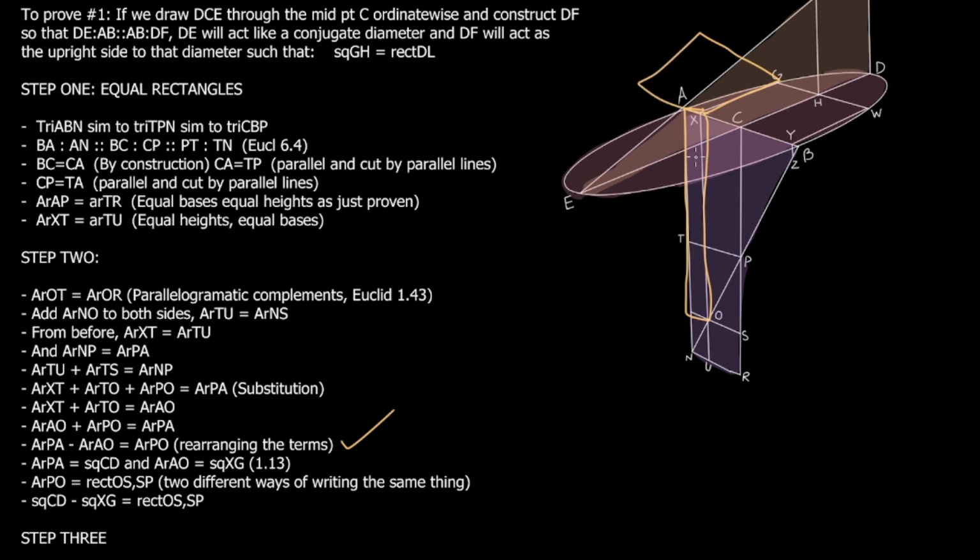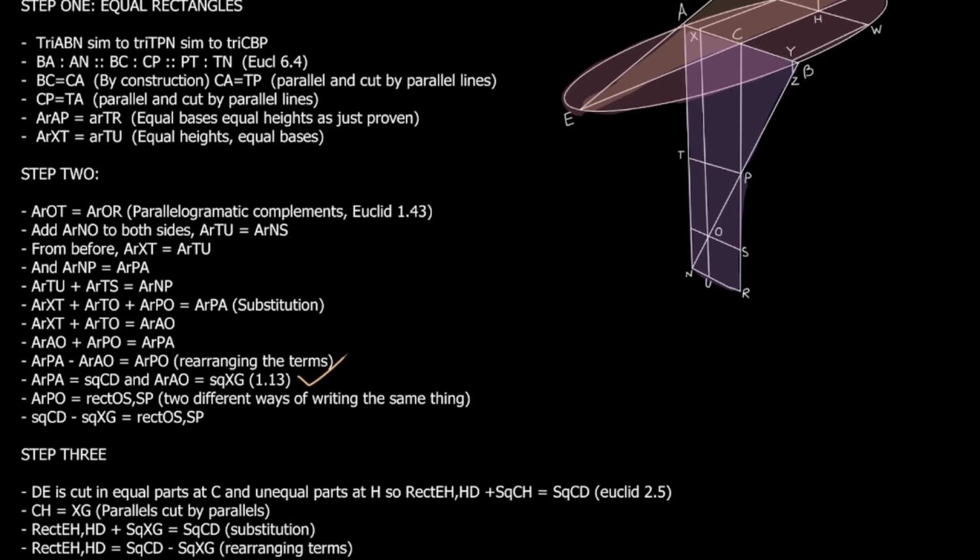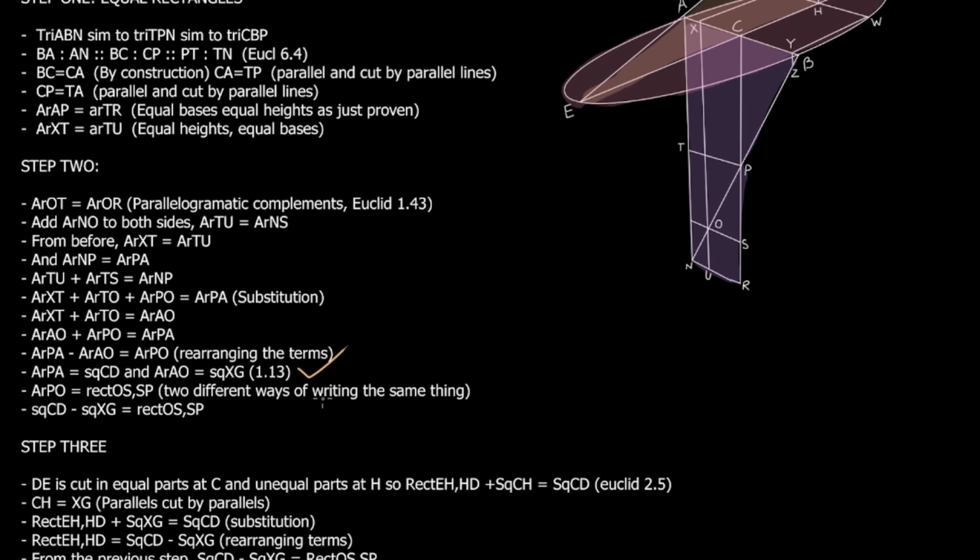Another ordinate. So those two things fall out of 113, where if you have an ordinate drawn to the diameter, then the rectangle on that part of the diameter is equal to the square on the ordinate. That's going to become pretty everywhere, that concept. But we had that like a couple of videos ago, so you can just reference that.